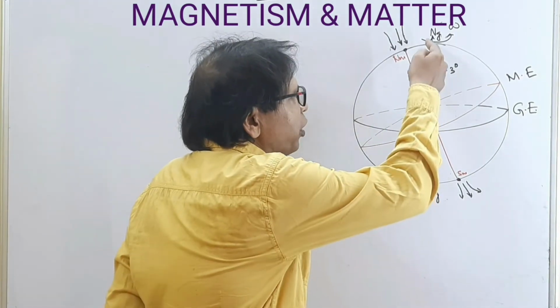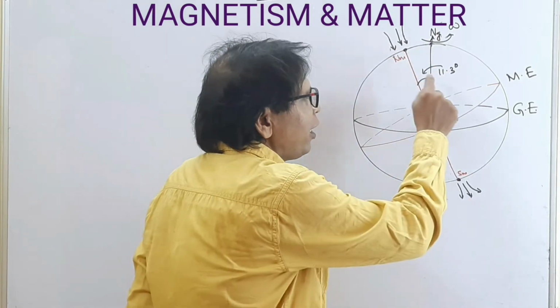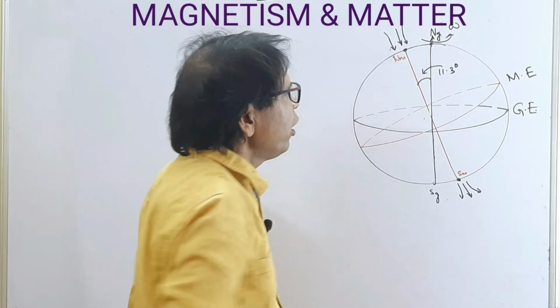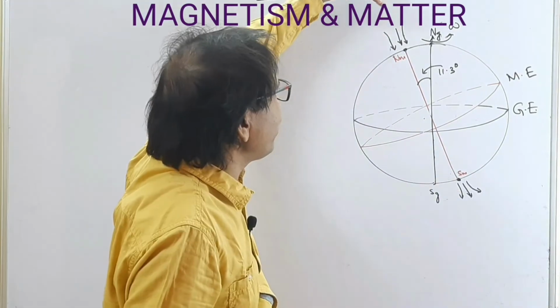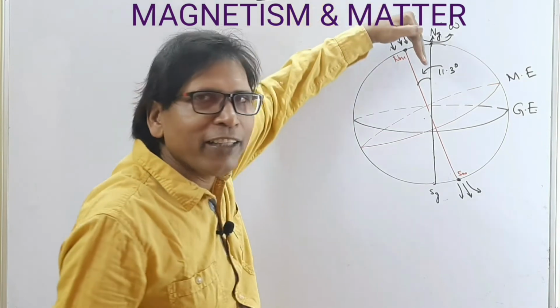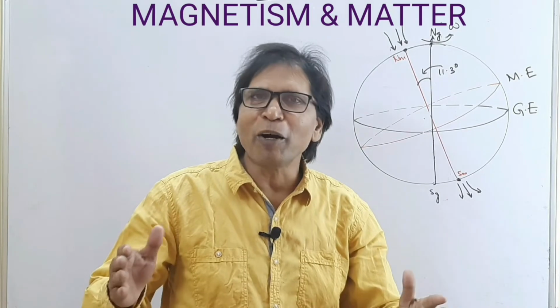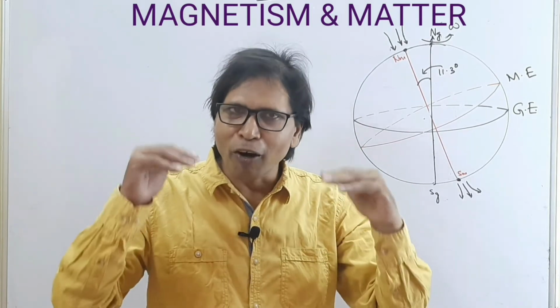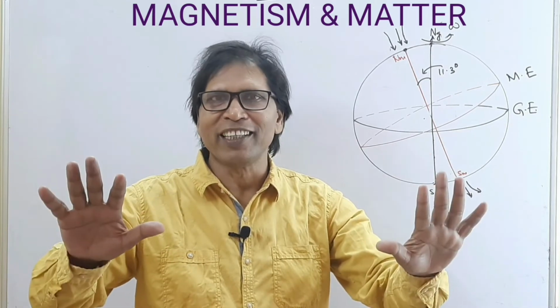Now the angle between the geographic axis and magnetic axis is 11.3 degrees. Now this is the north pole and this is the south pole. Here field lines enter at the north pole and emerge from the south pole. So the nature of north-south is completely opposite to the nature of north-south of a bar magnet.